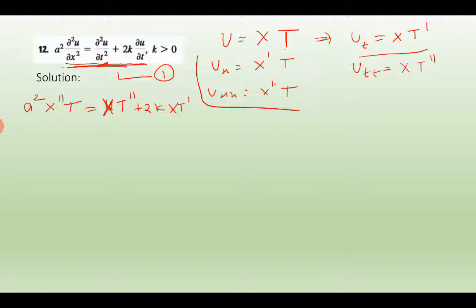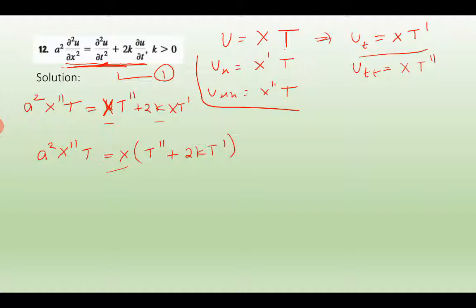I rearrange terms actually. I will take X from these 2 terms outside, so a square X double prime T is equal to X times T double prime plus 2k T prime, isn't it?